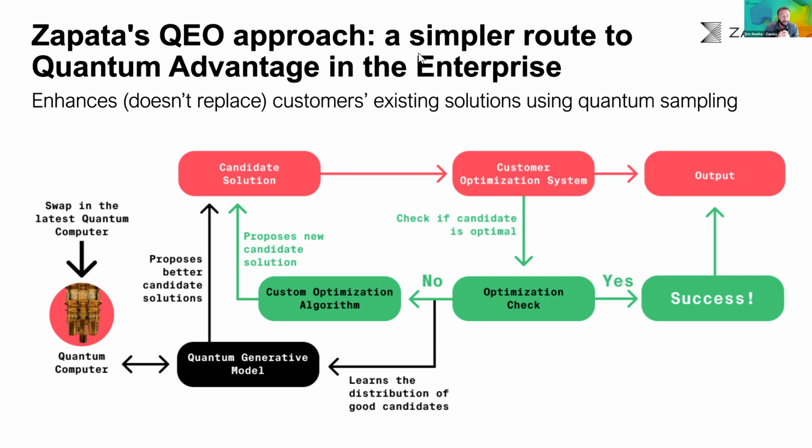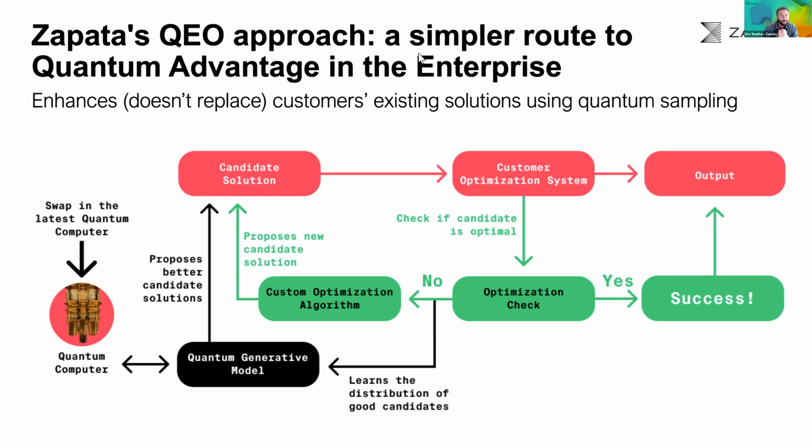So for instance, we may have something like portfolio optimization, where we have a quantum generative model that we can use to do combinatorial optimization. So an existing solver may be in place, and the systems are fairly mature.